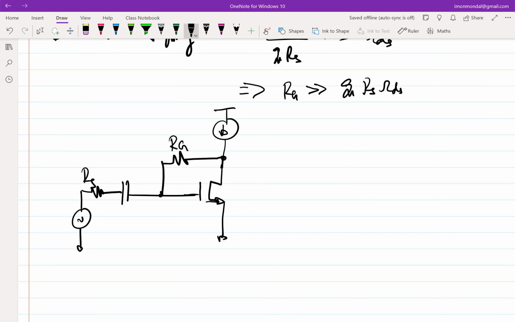That is, assume that input is Vp sine omega naught t. You can assume RDS because without RDS you'll have infinite gain, then you'll have no swing. So input is Vp sine omega naught t. I want to figure out what is the maximum Vp that I can apply. So how will you go about approaching this?